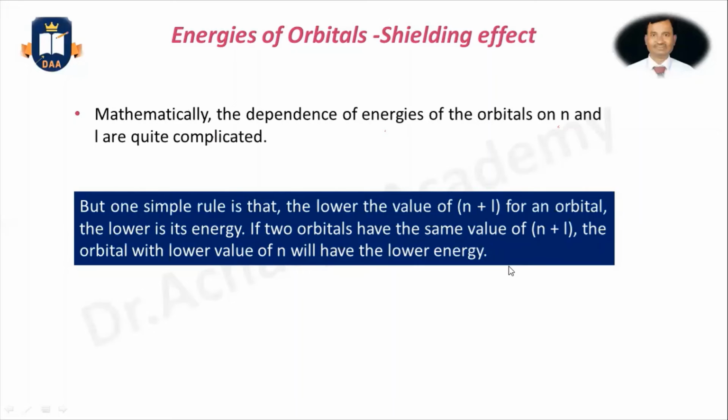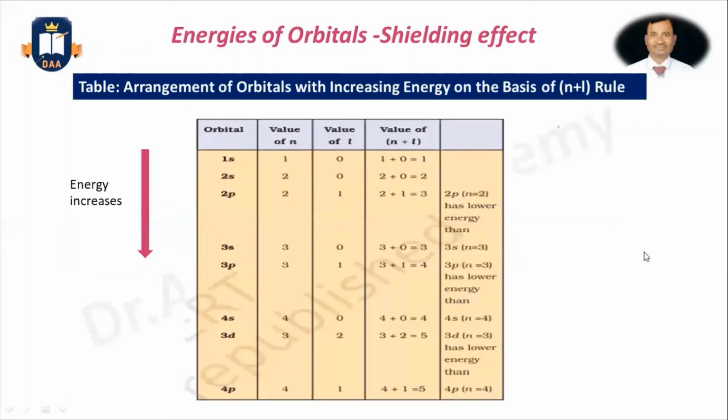On this basis, you will find some problems in your exam, and you can easily solve them. Now we'll see the arrangement of the orbitals with increasing energy on the basis of the n plus l rule I just described. As you go lower in the table, energy will increase.